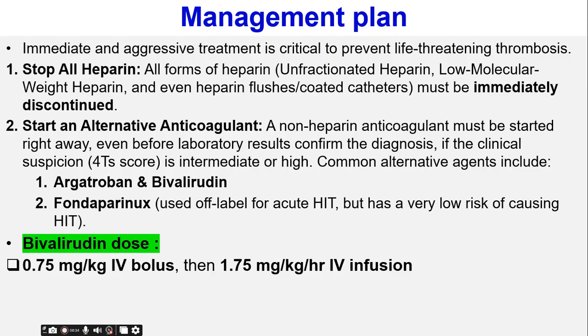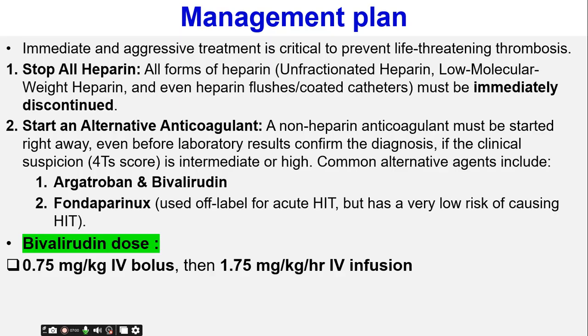After that, we can go with the alternatives. The alternatives to heparin are bivalirudin or fondaparinux. Fondaparinux is a type of anti-factor 10, and the incidence of HIT with it is very, very low. So we can use fondaparinux in acute HIT.